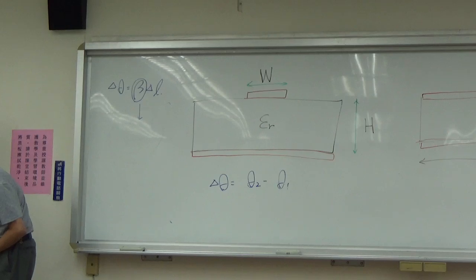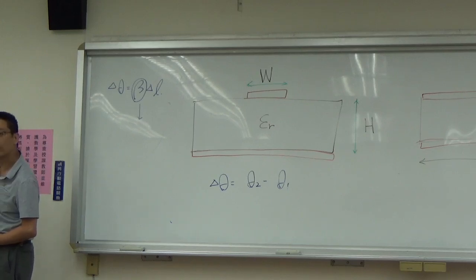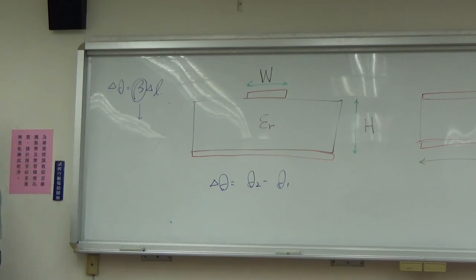Beta equals to omega square root of epsilon E over C from here. Sorry, I'm lazy. Let me write more clearly.